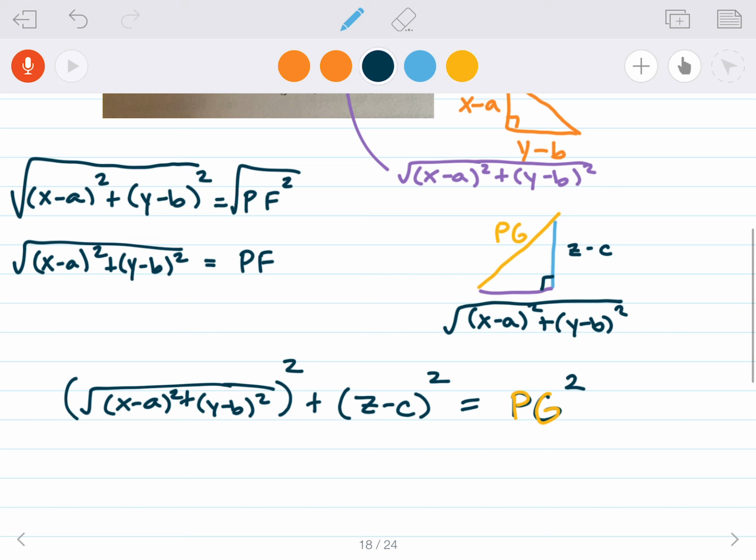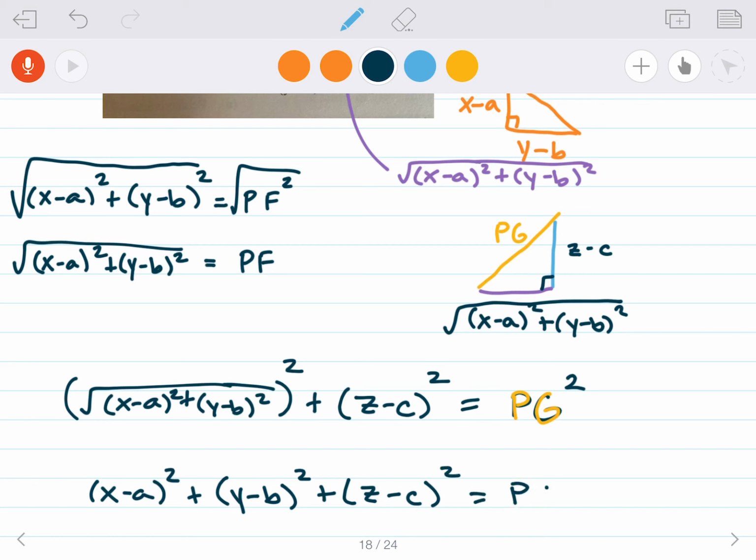All right, so let's clean up the left a little bit. The only thing I'm going to clean up is I'm going to cancel the square with the square root here. And so I get (x minus a) squared plus (y minus b) squared plus (z minus c) squared is equal to PG squared.